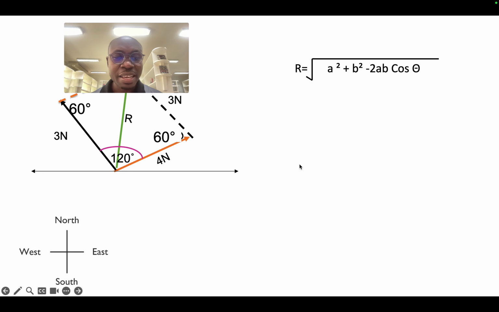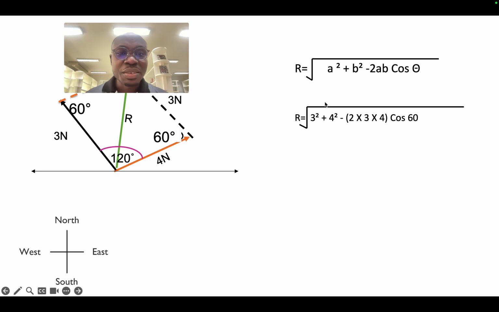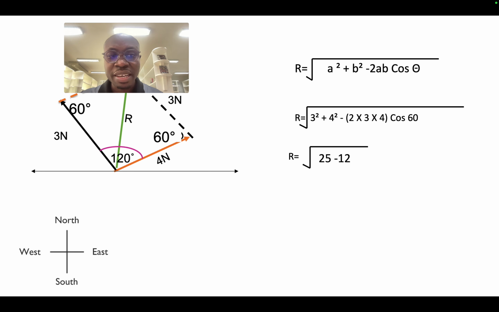Let's put everything in. If you put it in, we have a squared plus b squared minus 2ab cos theta. A is 3 squared plus 4 squared minus 2 times 3 times 4 cos 60. Cos 60 is 0.5, okay? It's positive 0.5.